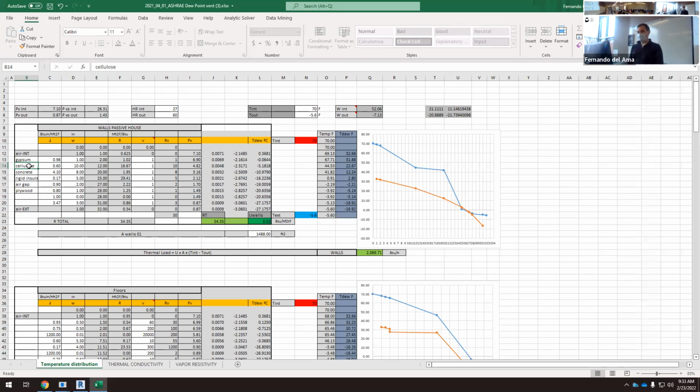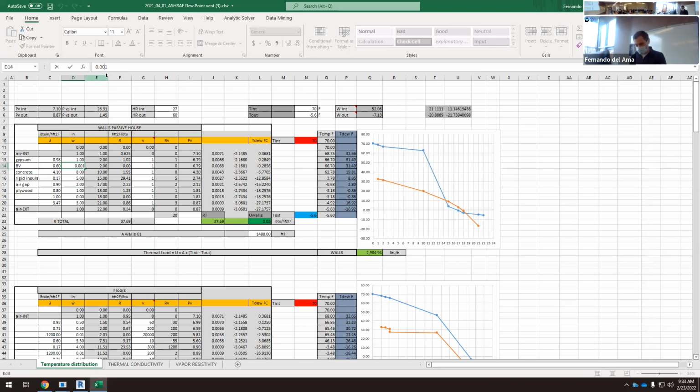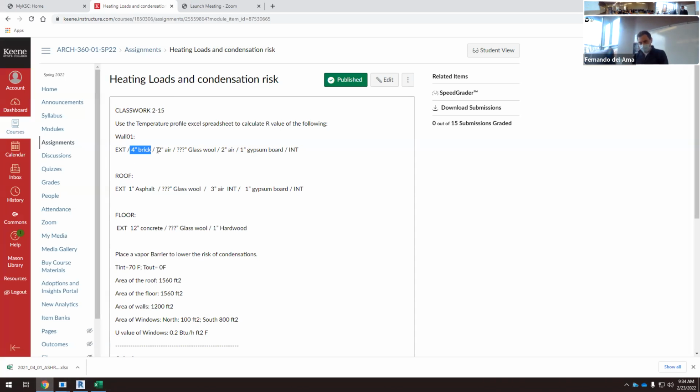Then just in case, I'm going to apply this vapor barrier here. The thermal conductivity of the vapor barrier is whatever, it doesn't matter, and the thickness is something extremely thin. So let's work with 0.01, something very thin because it's a membrane. And then what else do we have?